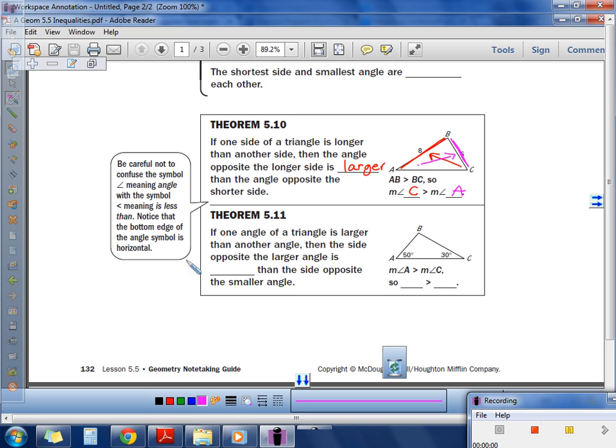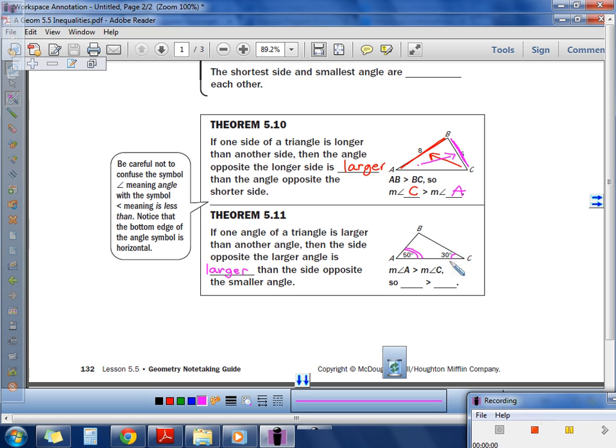Down here, if one angle of a triangle is larger than another angle, then the side opposite the larger angle is larger than the side opposite the smaller angle. So now we're talking about angles, and we'll connect that with sides. So here's the statement about angles. This 50 is bigger than the 30.